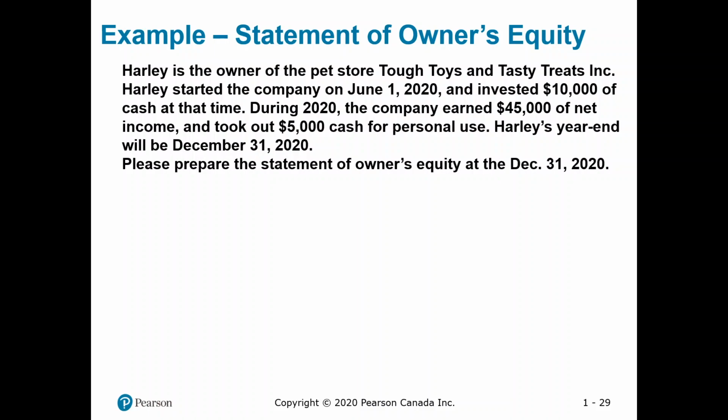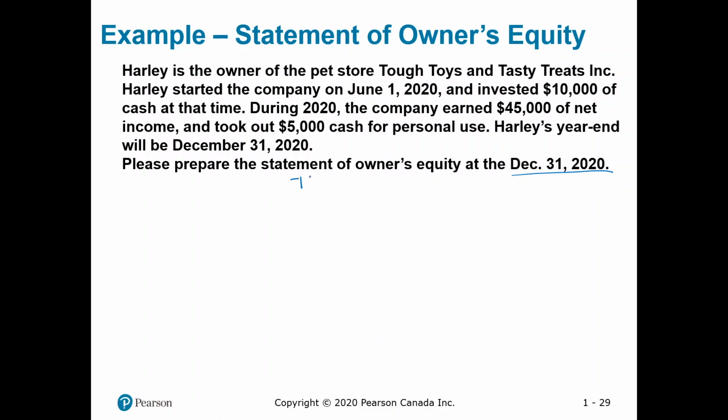She started the company on June 1st, 2020 and invested $10,000 of cash at that time. During 2020, the company earned $45,000 of net income, and Harley took out $5,000 cash for personal use. Harley's year end will be December 31st, 2020. So we need to prepare the statement of owner's equity for this December 31st year end.